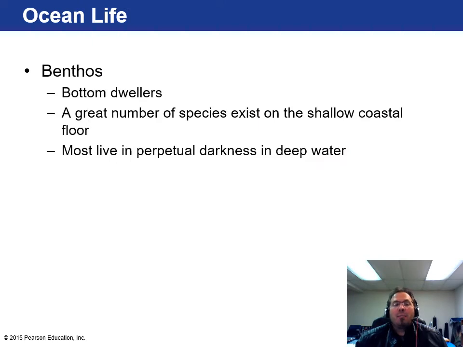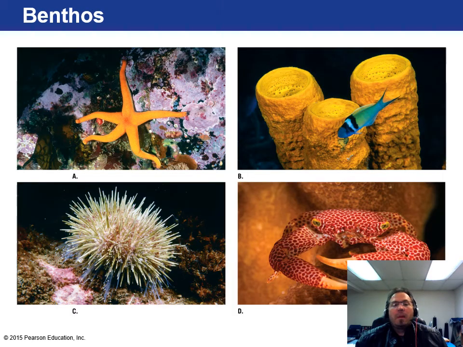Then you have the bottom dwellers. Now that doesn't necessarily mean they live in the deepest parts of the ocean, but they live on the bottom, what we call the benthos. They exist on the shallow coastal floor, but most live in perpetual darkness in deep water. Things like this. And some of them are very, very odd looking, right? You've probably seen some of those specials where you have these really weird looking animals skittering about on the ocean floor.